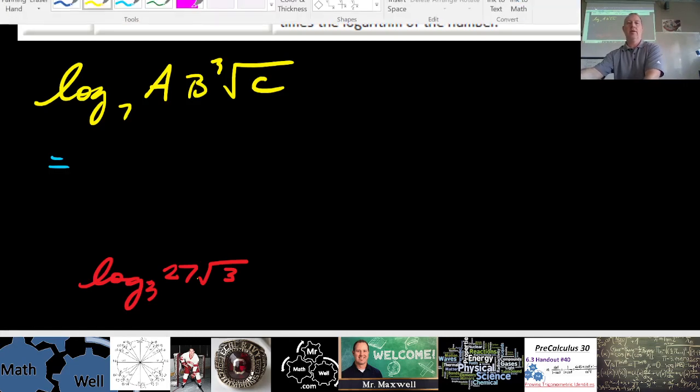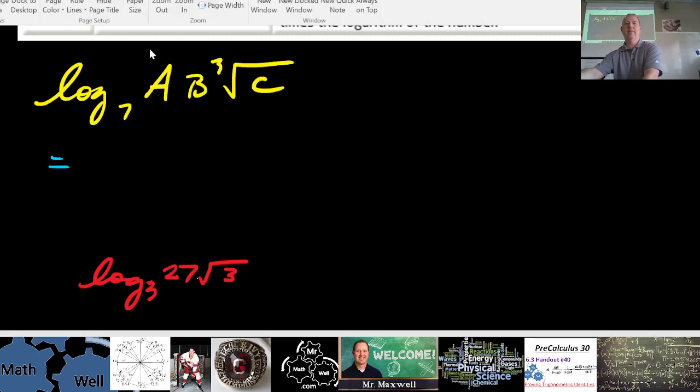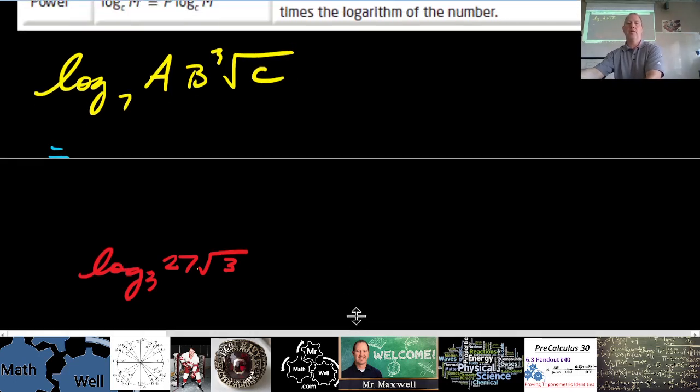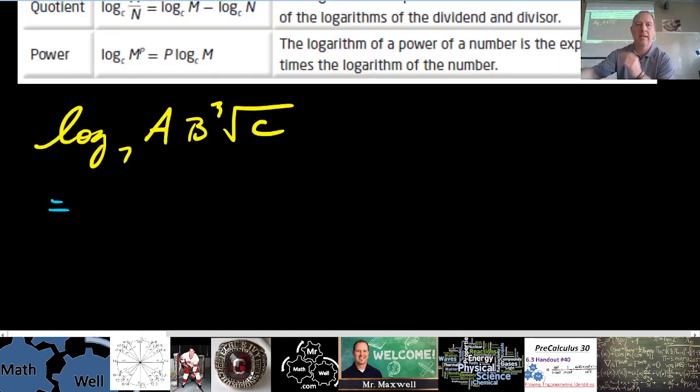So that's log of a, b, cube root c, base 7. If I were to rewrite that using the log properties, what I would want to notice is a couple things. I've got a times b times this cube root thing here, right?